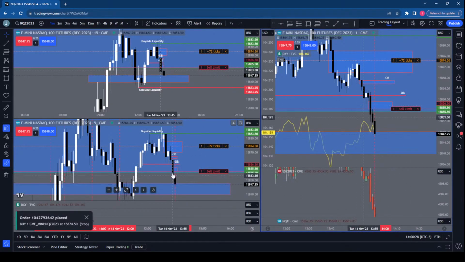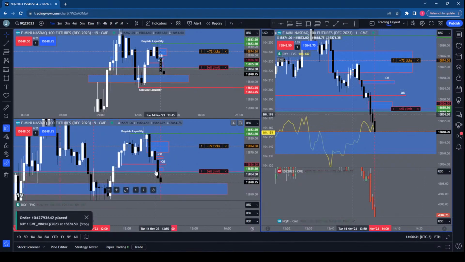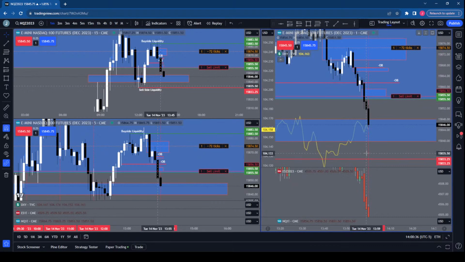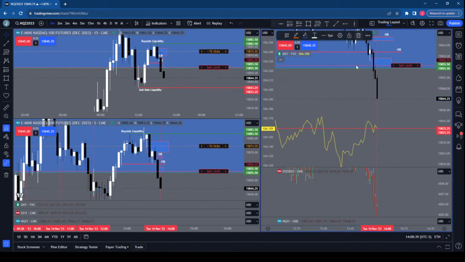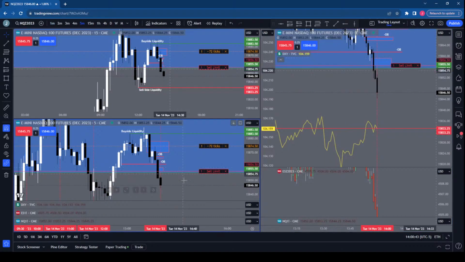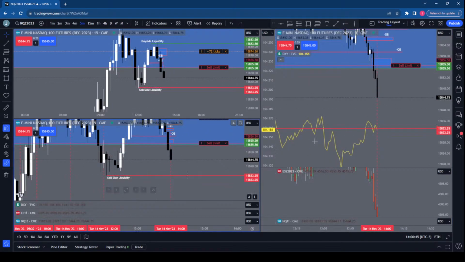Got a big 5-minute SIBI fair value gap right here, so we are pretty close to the bottom of that accumulation. This is the sell side we're targeting.